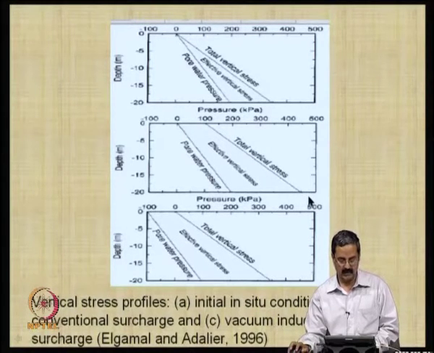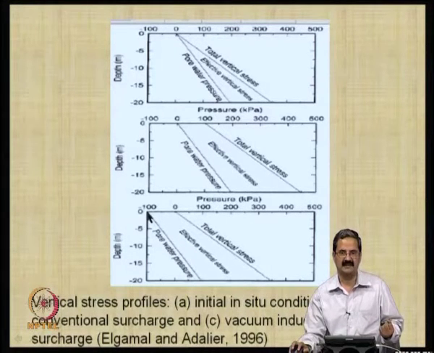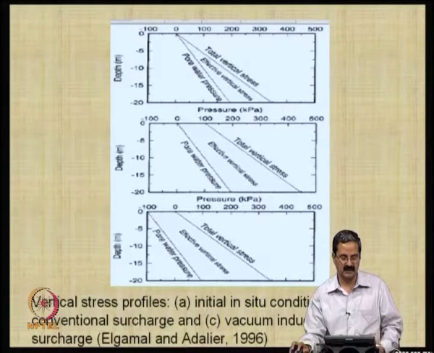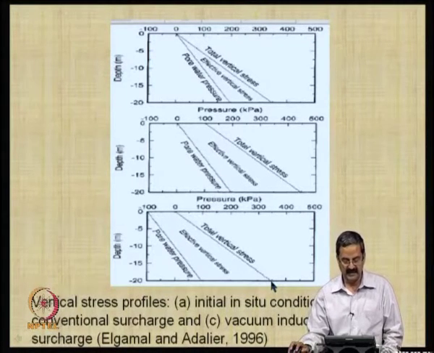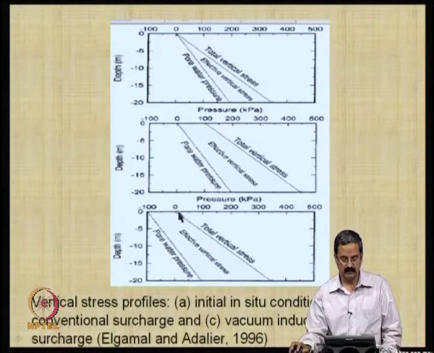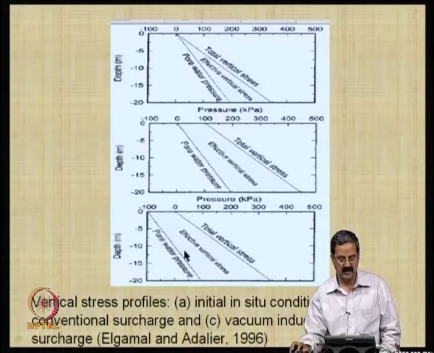Now, with vacuum assisted surcharge, you can go up to minus 1 bar. 1 bar is the pressure that you can apply, so minus 100 kPa. So, this is the region. You can clearly see that you have increased the effective stresses. You are able to create an effective stress field using this suction, that is what it means.